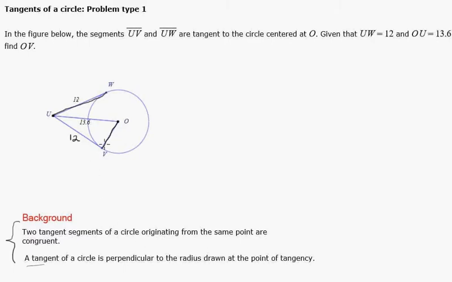What that means, a bunch of fancy words, is that's a right angle. That's 90 degrees. So what they're asking us to do here is find this distance from O to V. What is that distance?